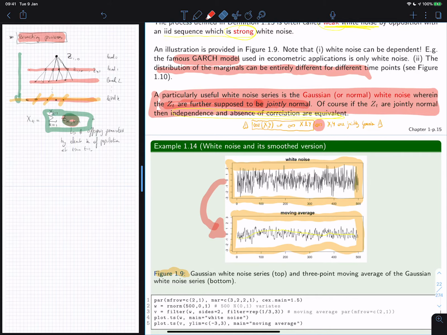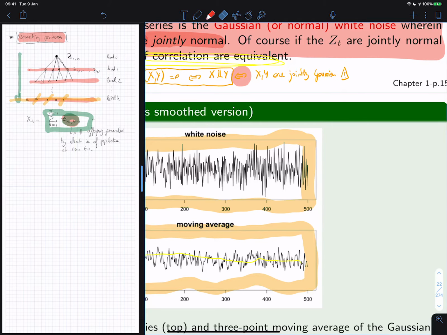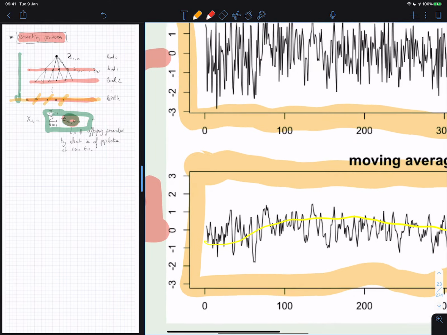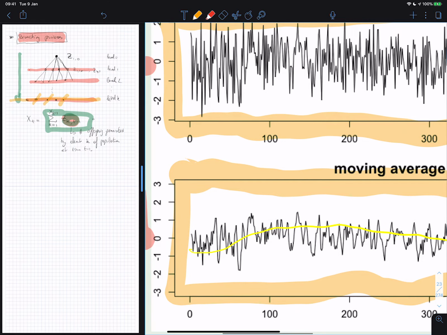Okay, so maybe I'll just make the... Yeah. So here we have the white noise, the ZTs in this case. And here the xt, so xt is zt plus zt minus 1 plus zt minus 2, divided by 3. Each time point here starts with a delay of 3. My graph doesn't make it obvious, I should have made it clearer.